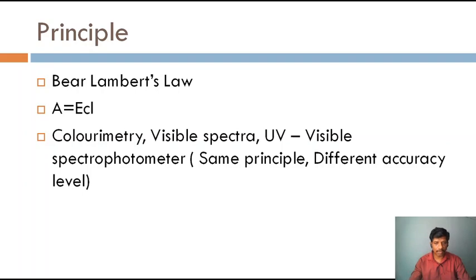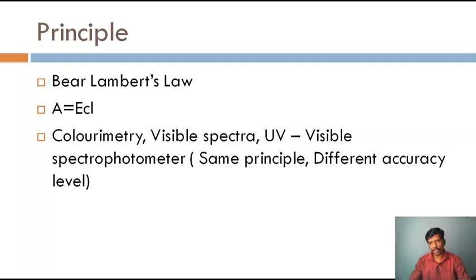But in visible spectra, this option is more. You have a filter ring where you select a different wavelength, where different filters are available. But in UV visible, we don't use any filters. Instead, we use a grating. That means we pass all the radiation from the light source, and we separate the radiations and pass them one by one into the sample.